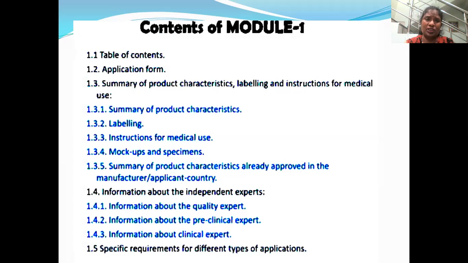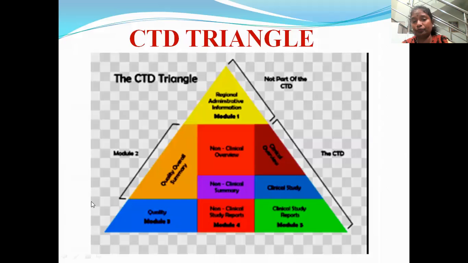It contains administrative information and prescribing information, and the documents specified in each region. Module 2 is divided into 3 parts, and the second part is again divided into 2 parts, that is the non-clinical trials overview. I will show. So here, see.